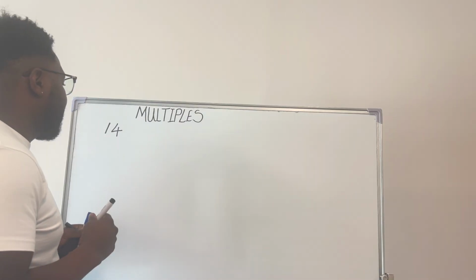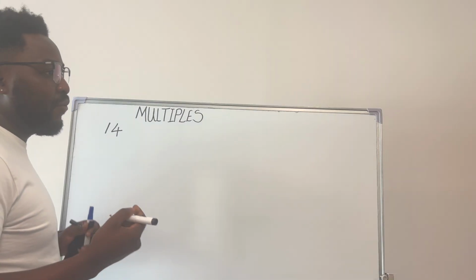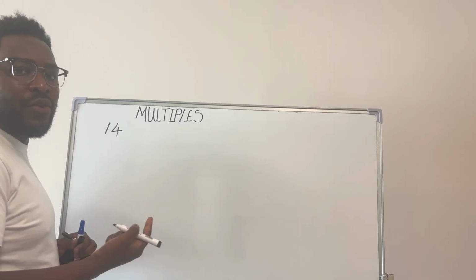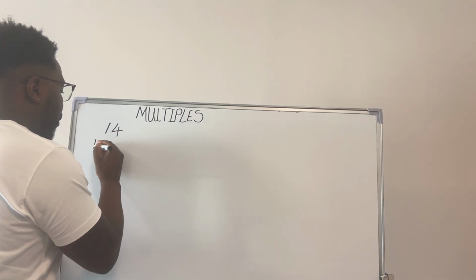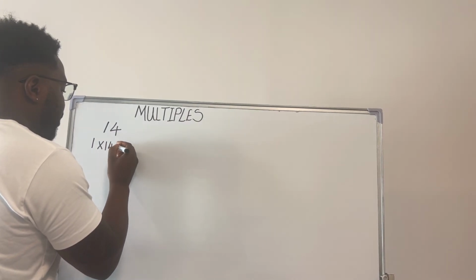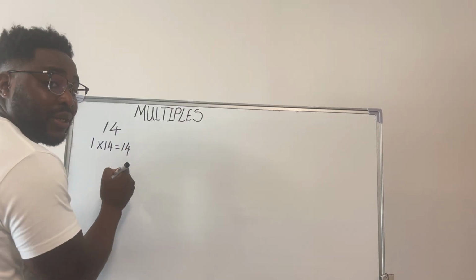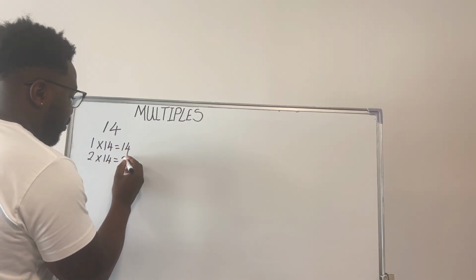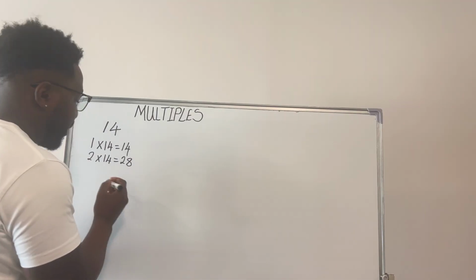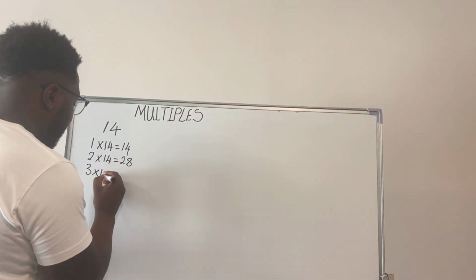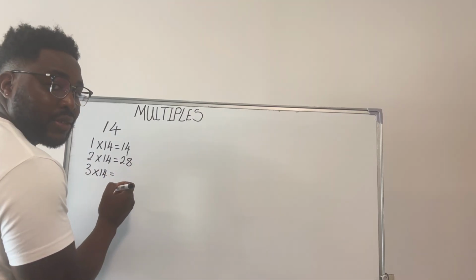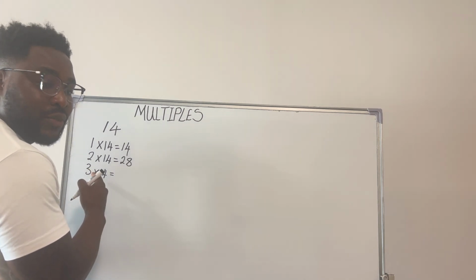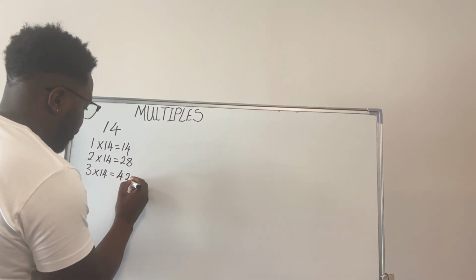Multiplying numbers. So let's say if we want to find multiples of 14, we just have to multiply 1 by 14. That gives us 14, right? 2 by 14, what will that give us? That will give us 28. 3 by 14, what does that give us? 42.